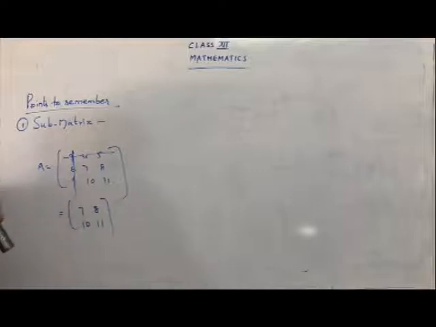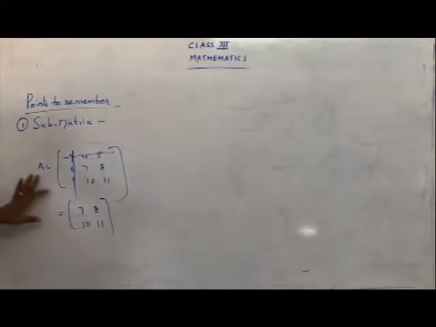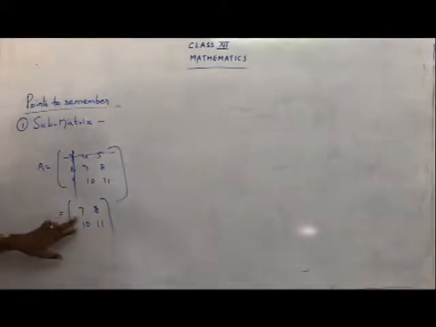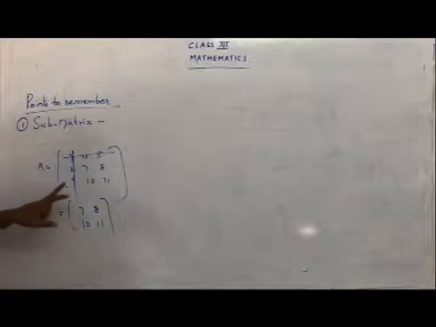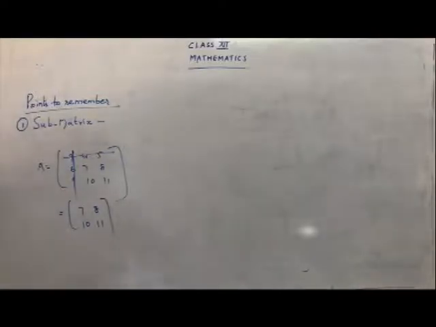So a new matrix that is formed by deleting some rows and some columns is called a submatrix of the given matrix. The matrix used here is A, so this is a submatrix, obtained by deleting some row and some column. Write down the definition for submatrix, children.